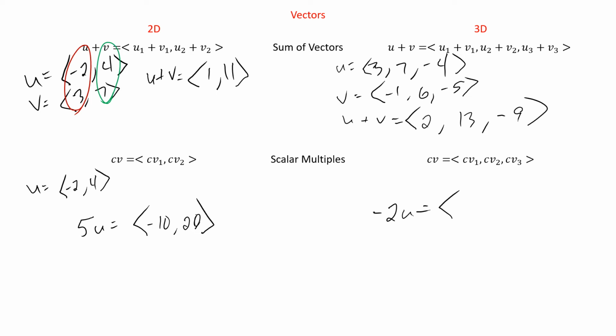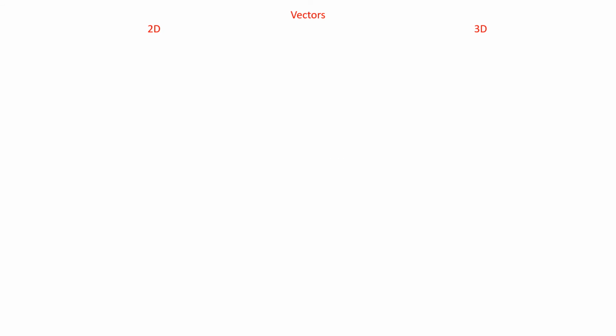Well, that's going to be 3 times -2 is -6. 7 times -2 is -14, and -4 times -2 is 8. So there's -2u for our 3-dimensional vectors. Again, it happens exactly like the other things. Now the scalar multiples is going to come back in a couple more slides because we're going to use those to figure some other stuff out as well.